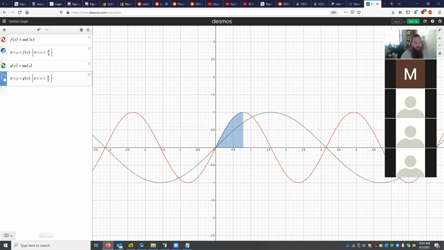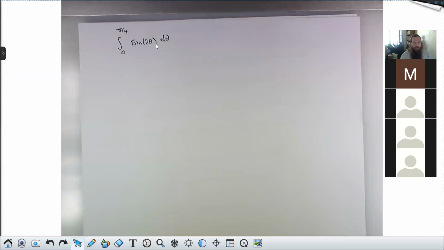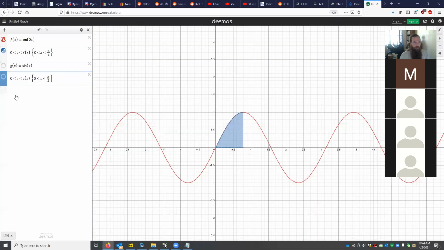Here's my region, and here's the kind of similar region bounded by the regular sine function. But they're not exactly the same. It's not like the last one, where those two areas are exactly the same.